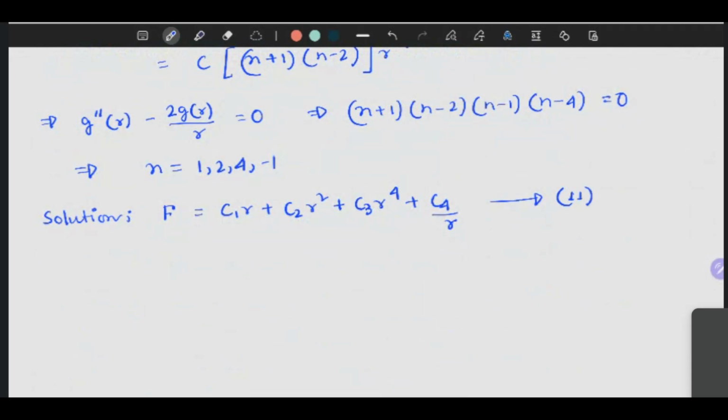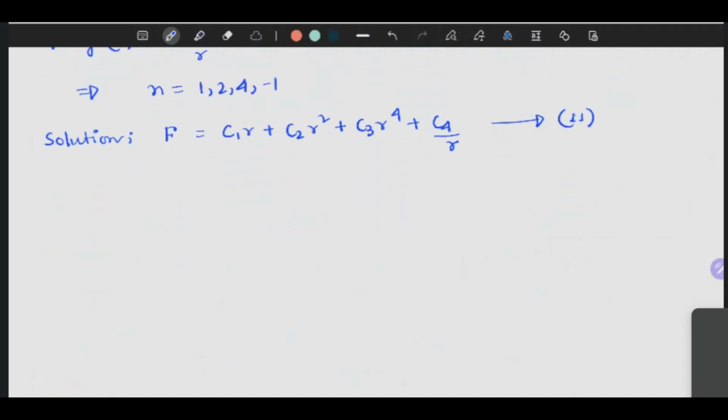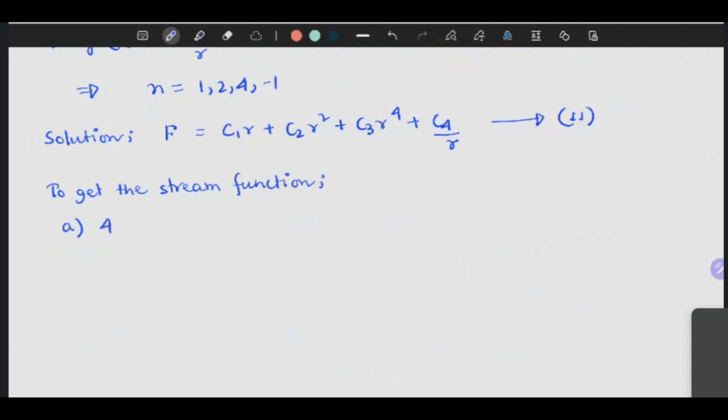Now, since there are 4 unknown constants, we need 4 boundary conditions to get the stream function.